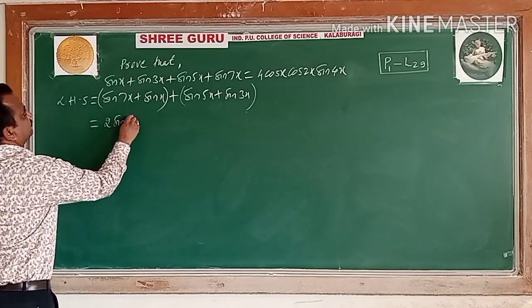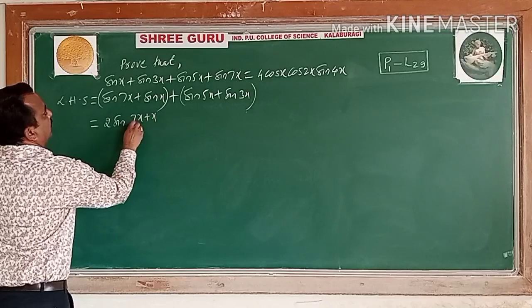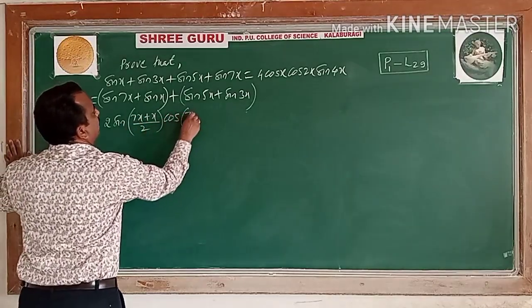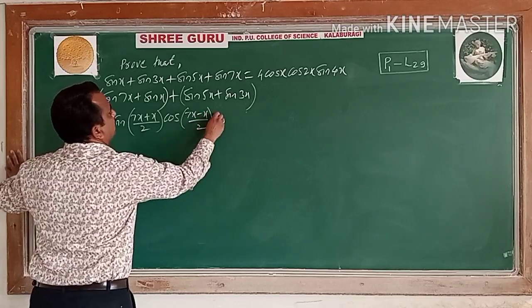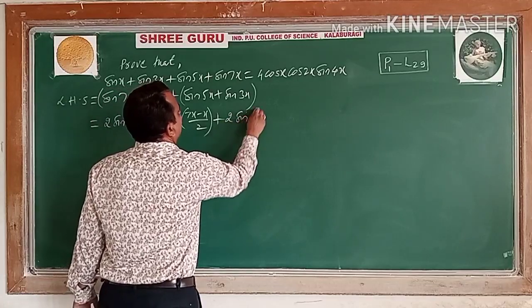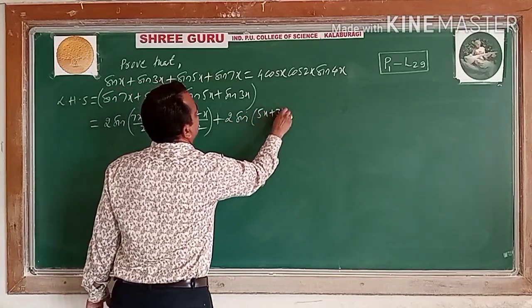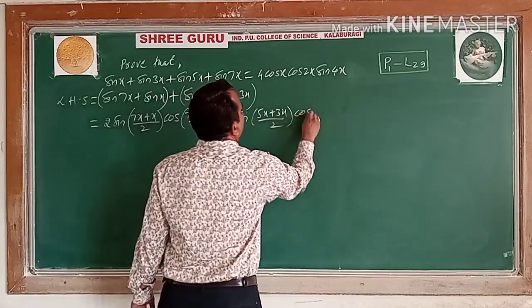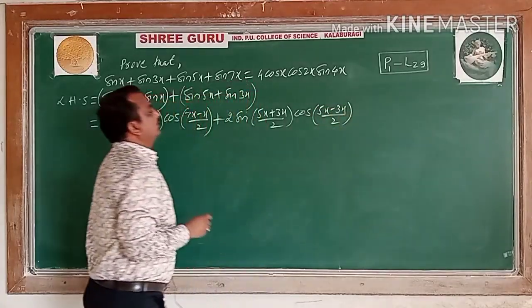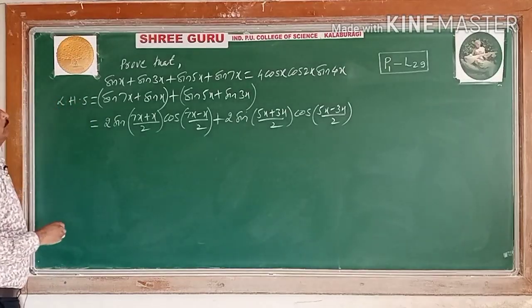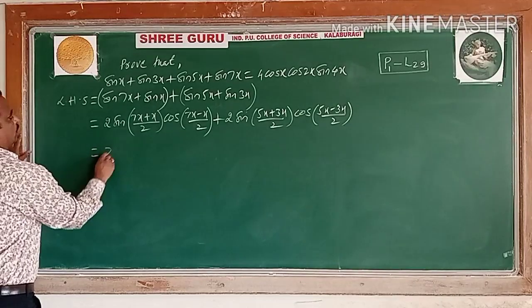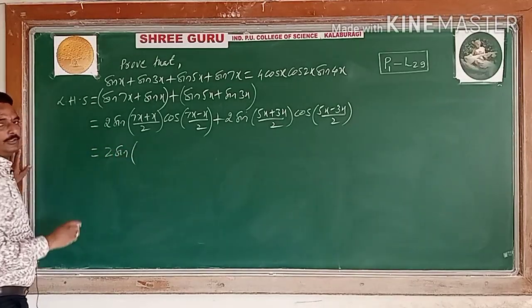First sin, then cos: 2 sin of (C plus D) by 2 into cos of (C minus D) by 2. See this one.